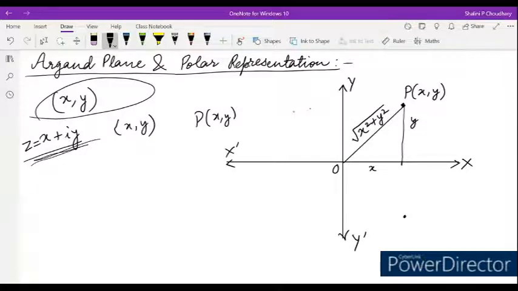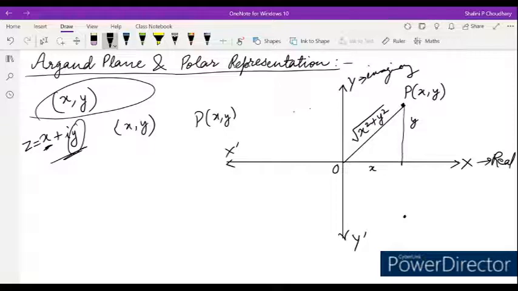Okay, now here x is the real part of this complex number and y is the imaginary part of this complex number. It means the x-axis is real and this axis will be imaginary.